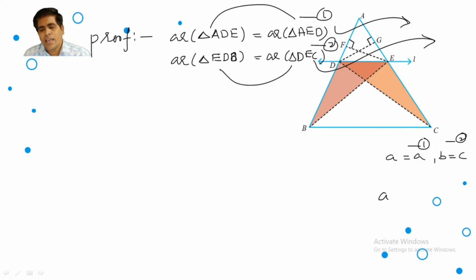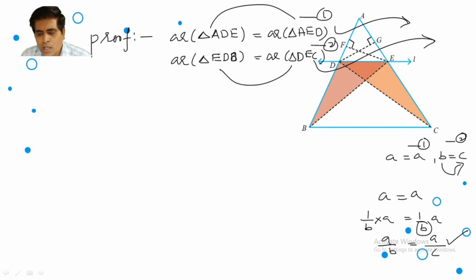If I take A is equal to A, I am multiplying both sides with 1 by B. So definitely it is the same. So I can write this as A by B, that is equal to A by, instead of B, the value of B here is C. So A by B is equal to A by C. These ratios will also be equal.